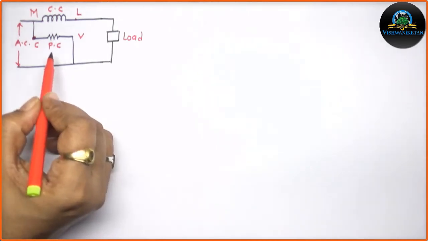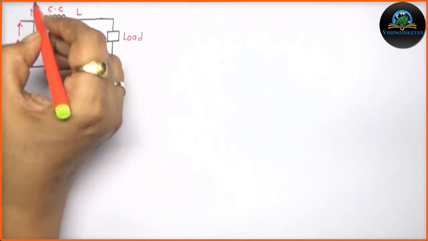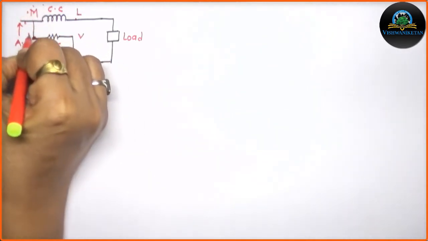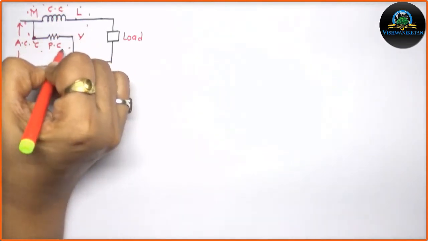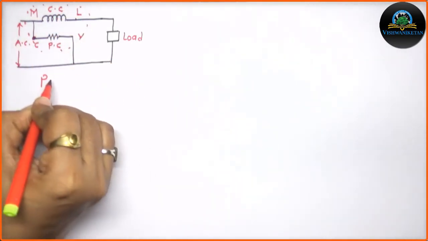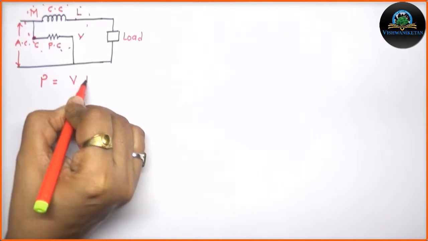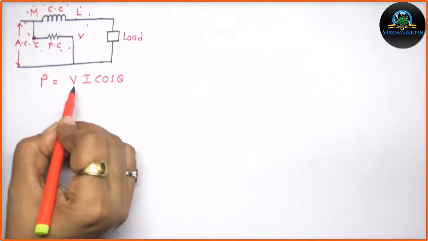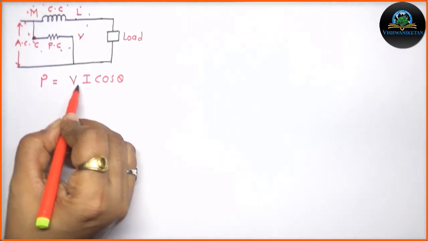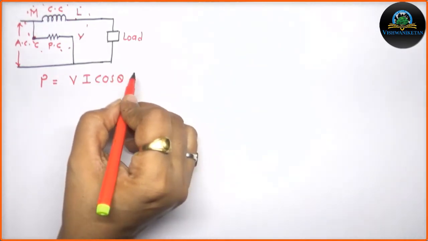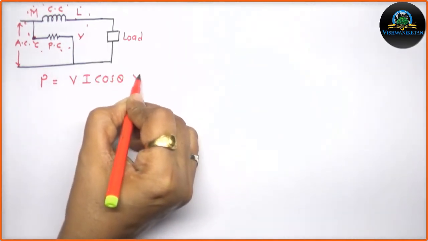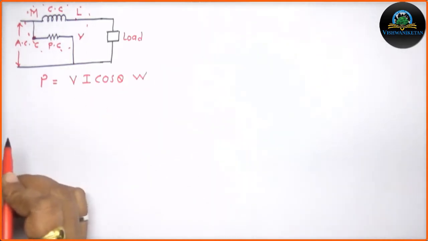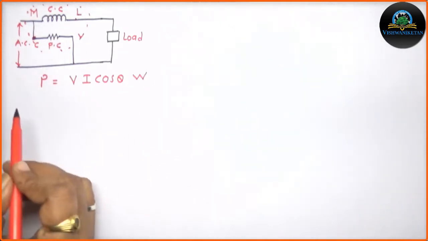Now the reading of this entire arrangement is given by P equal to V I cos theta. So it is going to measure the voltage and current and the angle associated with them. So indirectly it is measuring the active power by using this meter.